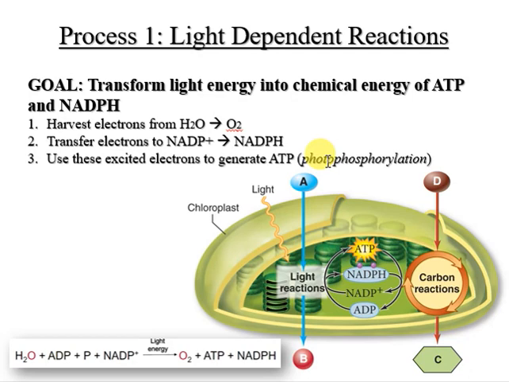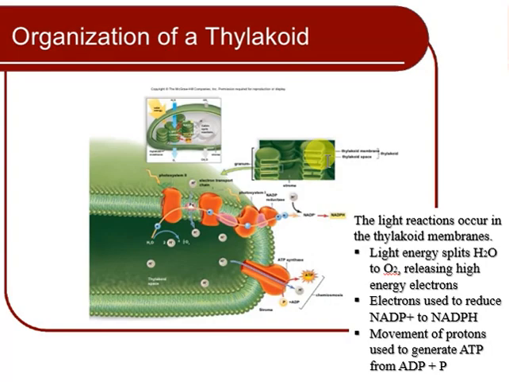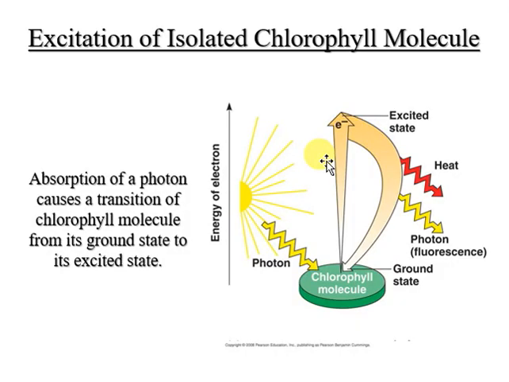So light energy in your light-dependent reactions is converted into chemical energy in the form of NADPH and ATP. All right, so going into the nitty-gritties of what's happening in your light reactions. When a chlorophyll pigment or any other pigment absorbs a photon of light, an electron is boosted to an excited state.